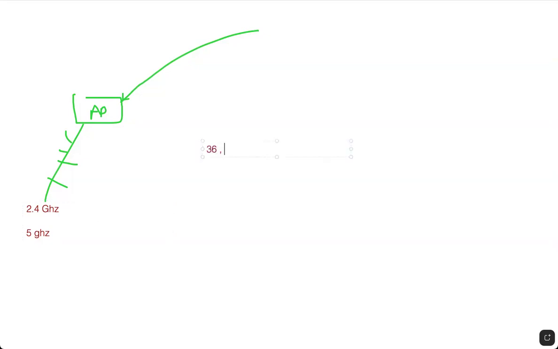36, 40, 44, like that. It can go up to 144, and then actually no, 177. So 36, 40, 44, 48, 52, 60, 64, like that.